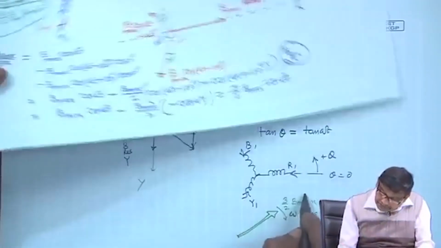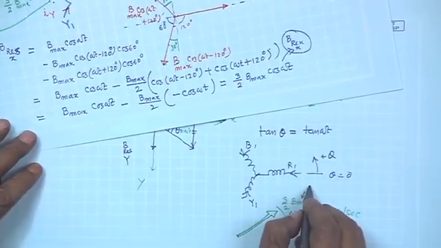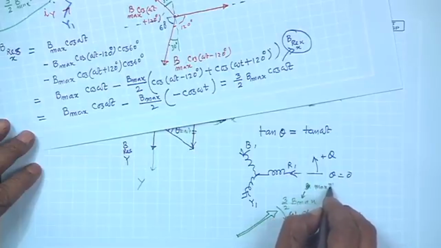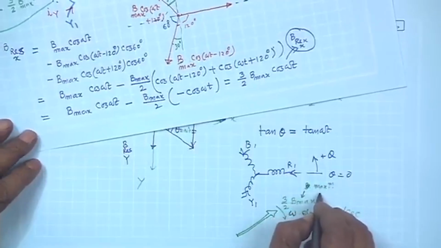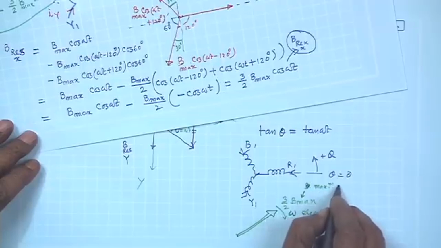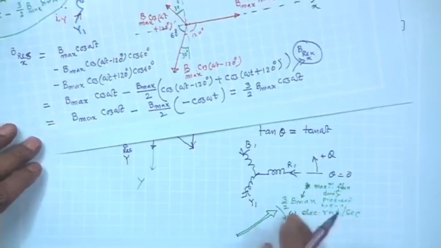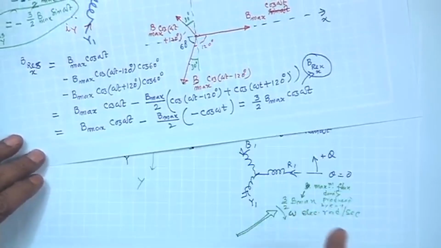B max is the maximum flux density produced by each phase, and that will be the same for all the phases, because the same I max is flowing.